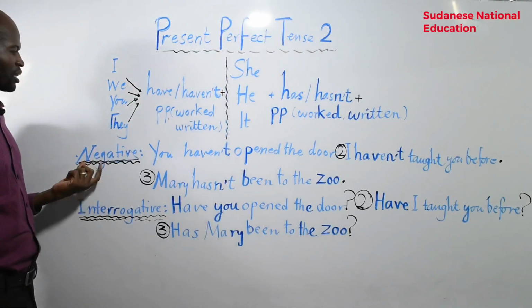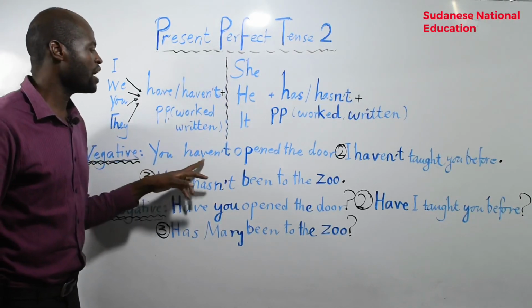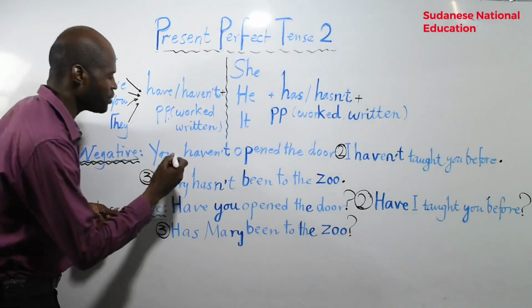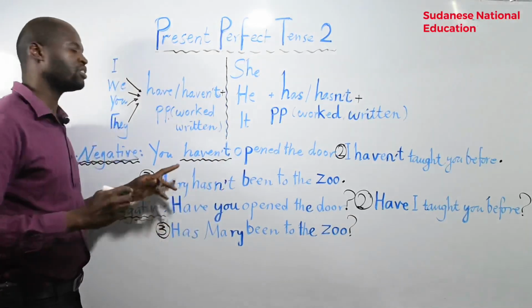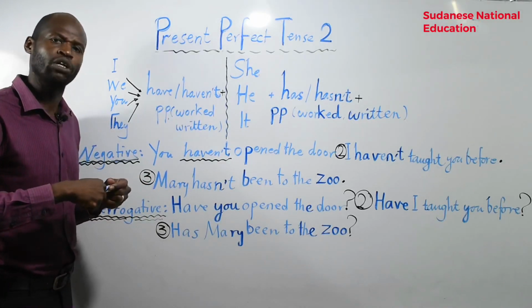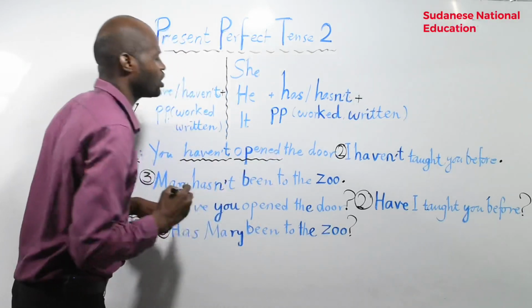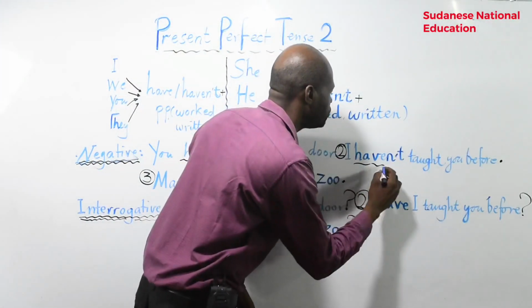Okay, let's see negative sentences. Here are sentences. Number 1, You haven't opened the door. Haven't is negative, and we know that have is one of the peculiars that we make negative by adding only not, and then the non-finite verb, which is opened. Number 2, I haven't taught you before.